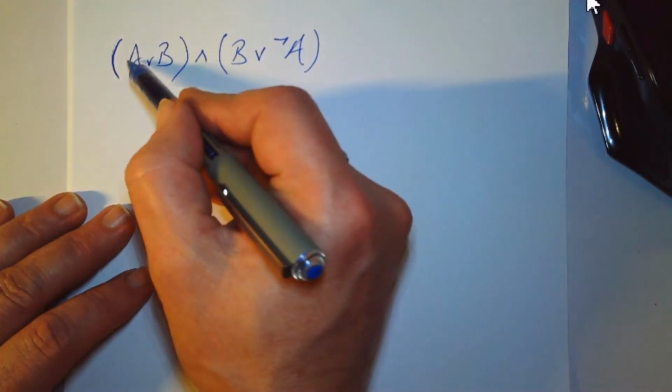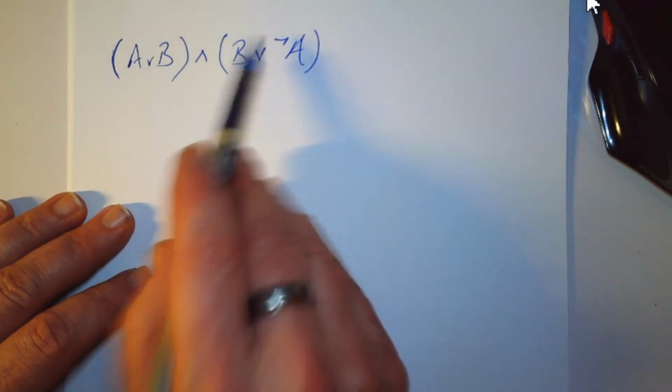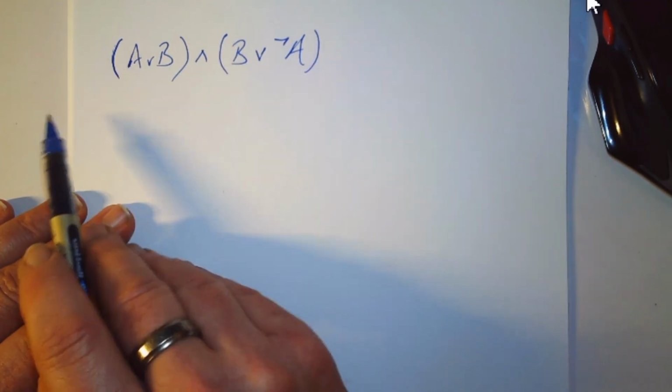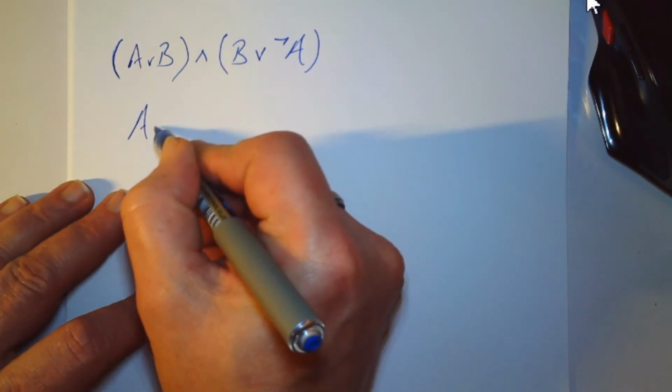So let's take each item in turn, our a and our b, our a and our a, our b and b, and our b and our not a. We're going to start off with the a.